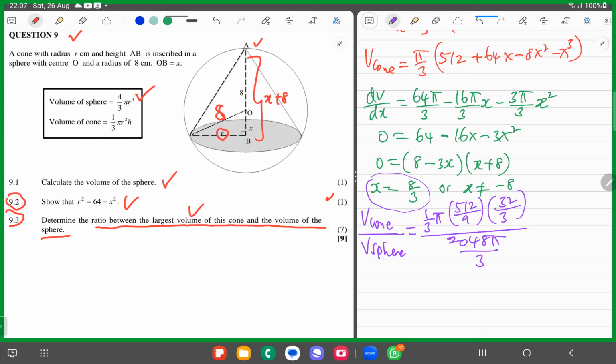Just substitute. If you simplify everything here, it becomes 8 out of 27. So the ratio between the largest volume of this cone and the volume of the sphere is 8 out of 27. Okay, just note that.